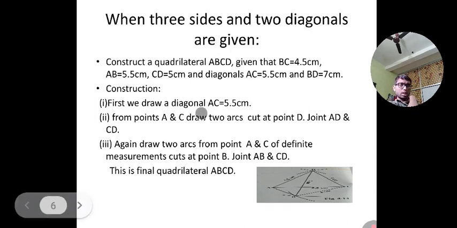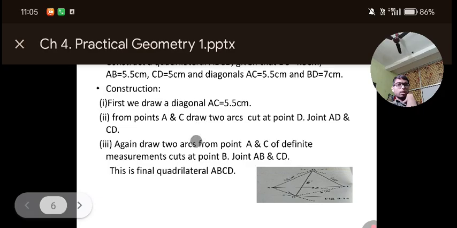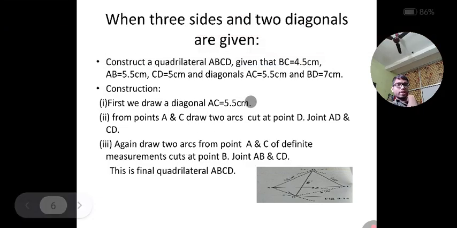Now, when three sides and two diagonals are given: construct a quadrilateral ABCD given that BC is 4.5 centimeter, AB is 5.5 centimeter, CD is 5 centimeter. What about DA? The diagonal AC is 5.5 centimeter and BD is 7 centimeter.